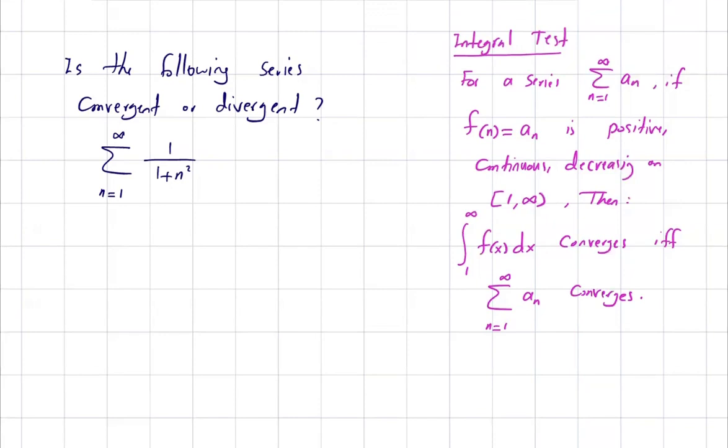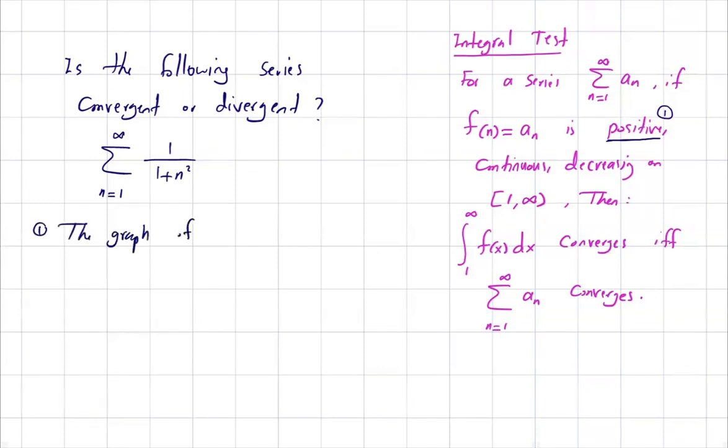Let's take a look at this function. We need to check each one of these conditions one by one. Is it a positive function? You have 1 divided by 1 plus n squared. We can use Desmos and take a look at the graph.